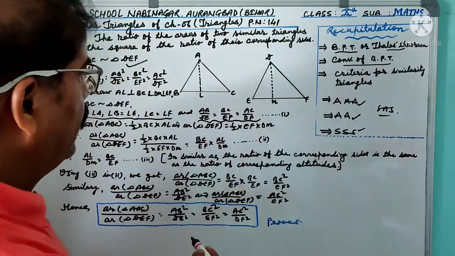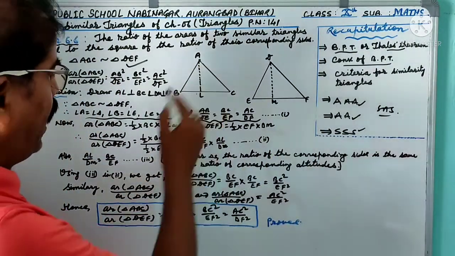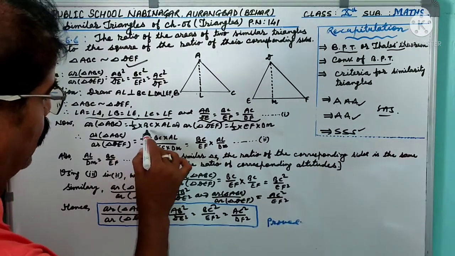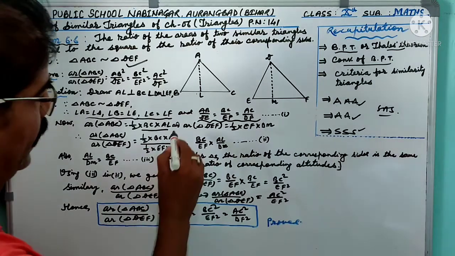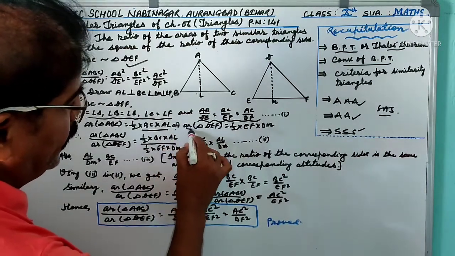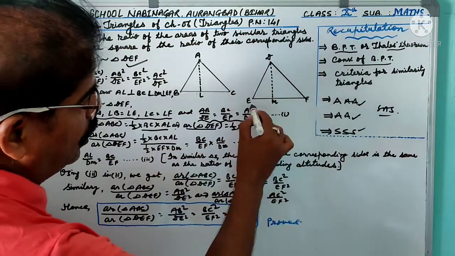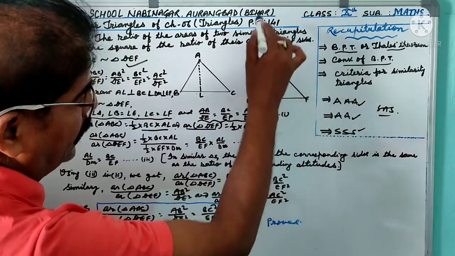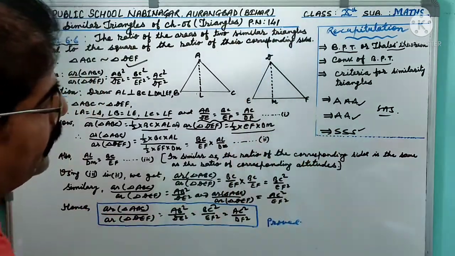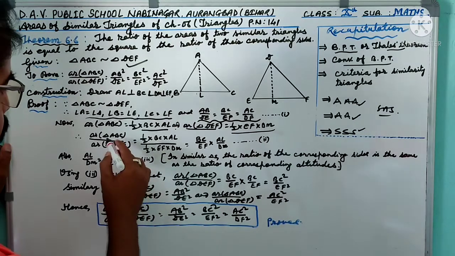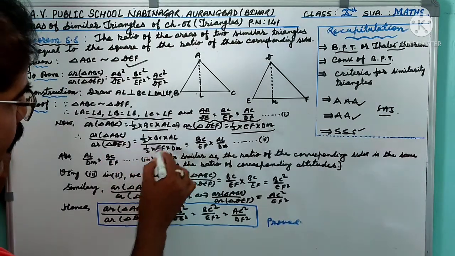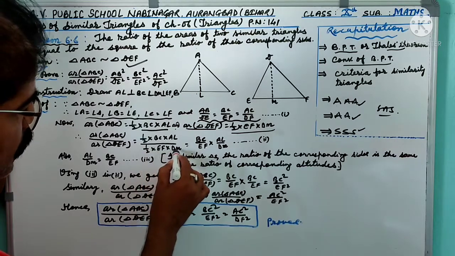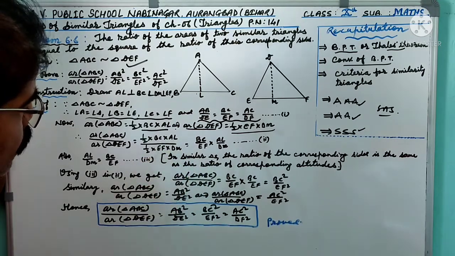Suppose this is equation 1. Area of ABC equals 1 by 2 base BC into AL, and area of DEF equals 1 by 2 base EF into height DM. So area of ABC by DEF equals 1 by 2 BC into AL by 1 by 2 EF into DM. 1 by 2 cancels.